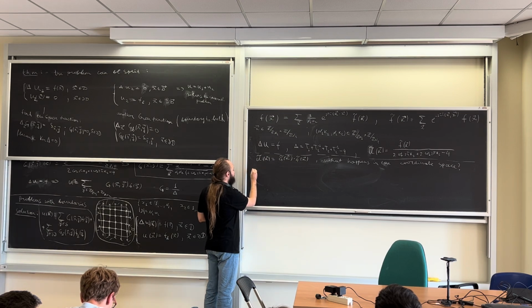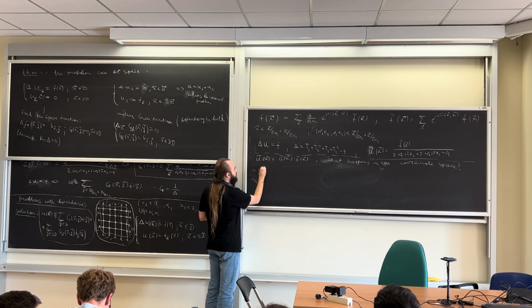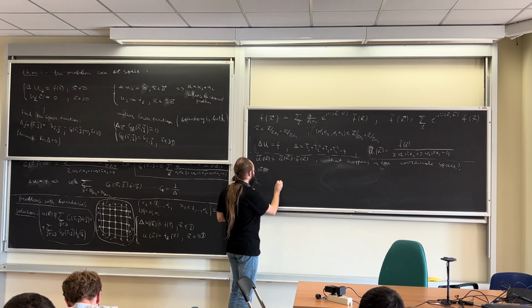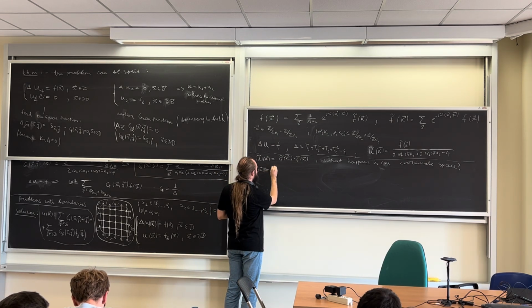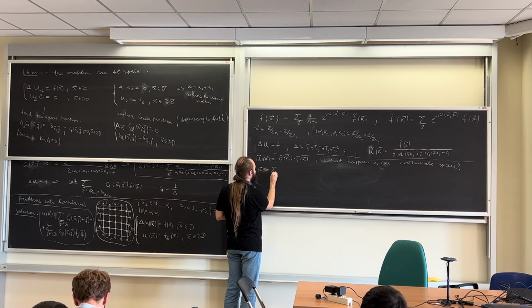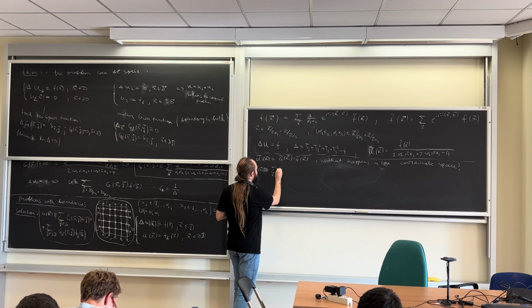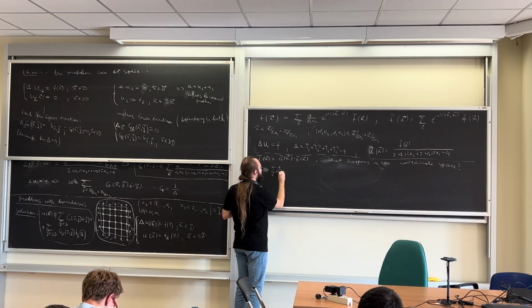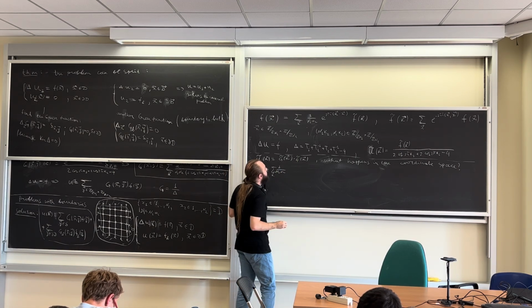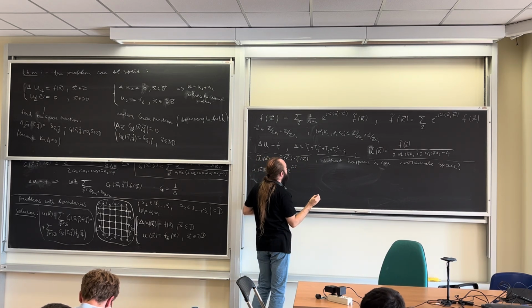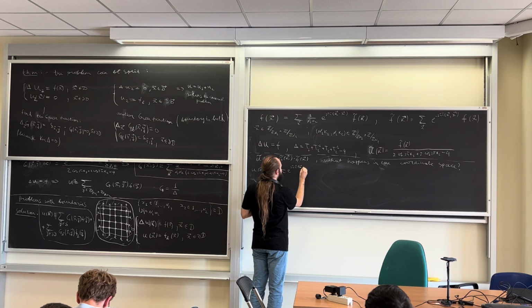Namely, compute u of x as the sum over k, 1 over n1 n2, e to the 2 pi I k times x.